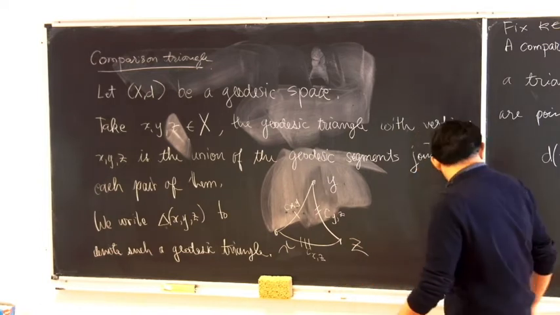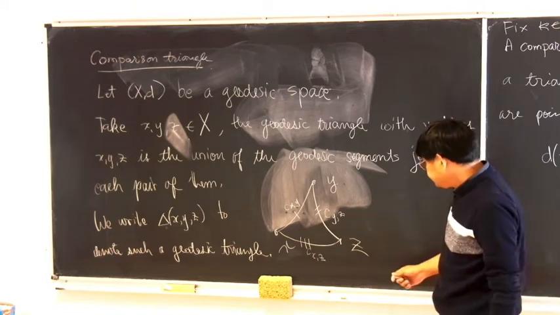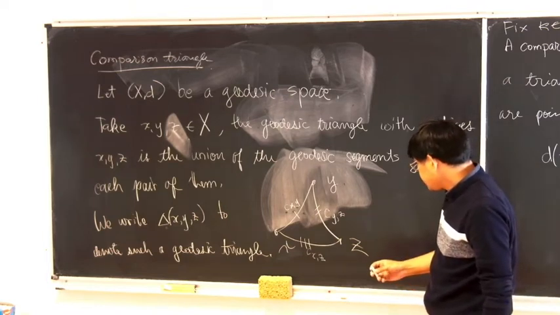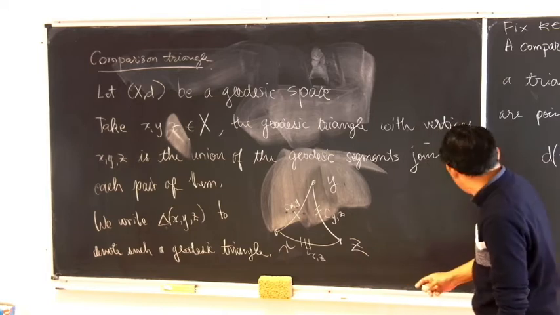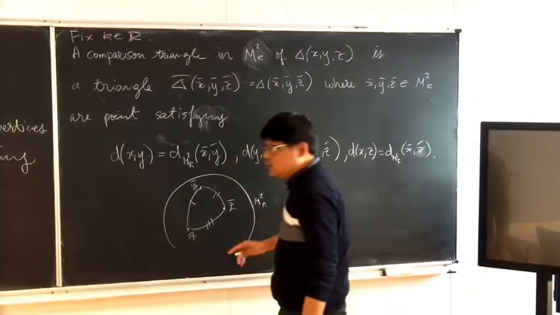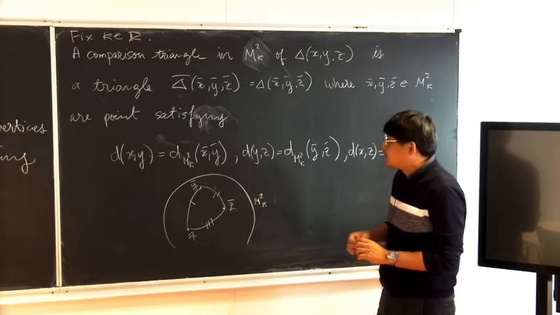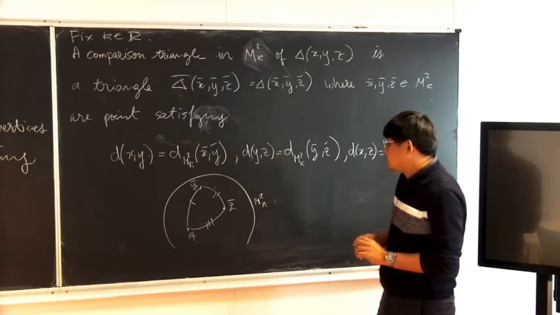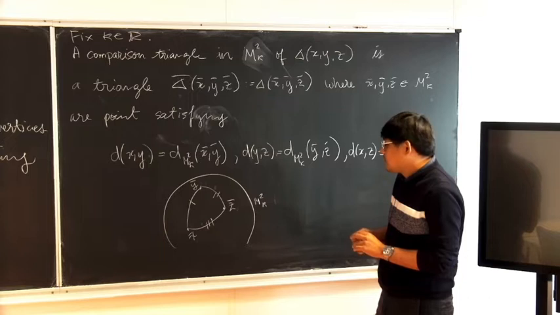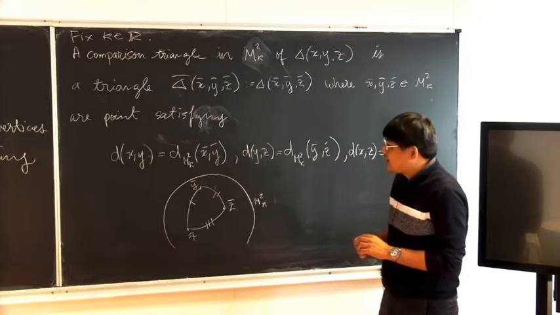Okay, so what's next? When we talk about a comparison triangle, we have to talk about the existence of this comparison triangle. So when will this comparison triangle exist?